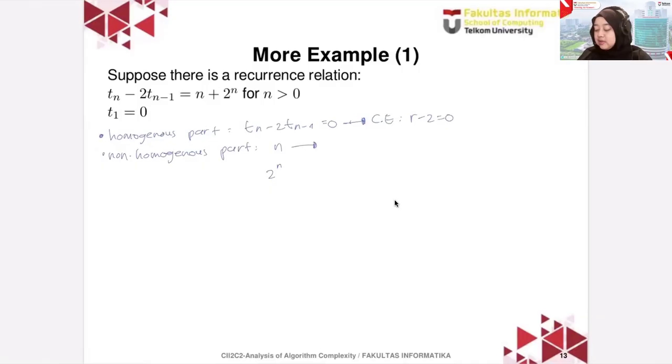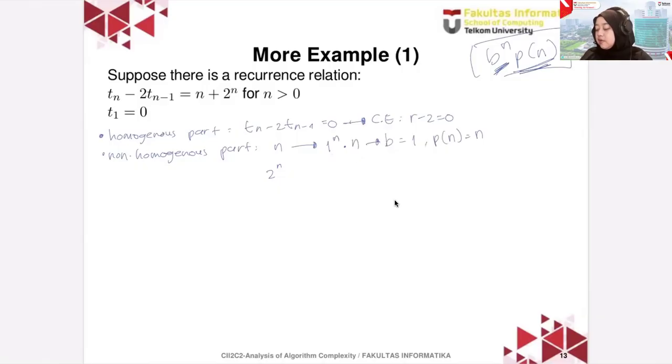For n in the form of b to the n times pn, we can write it as 1 to the n times n. So b is equal to 1 here, and the polynomial itself is n, this part.